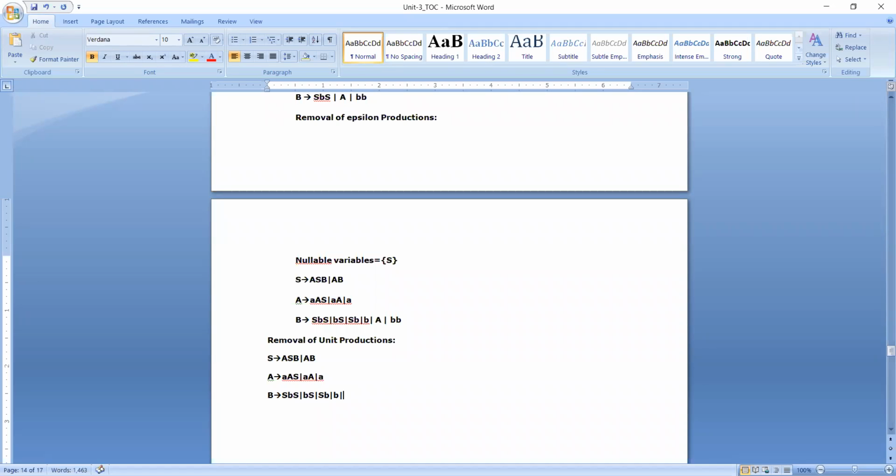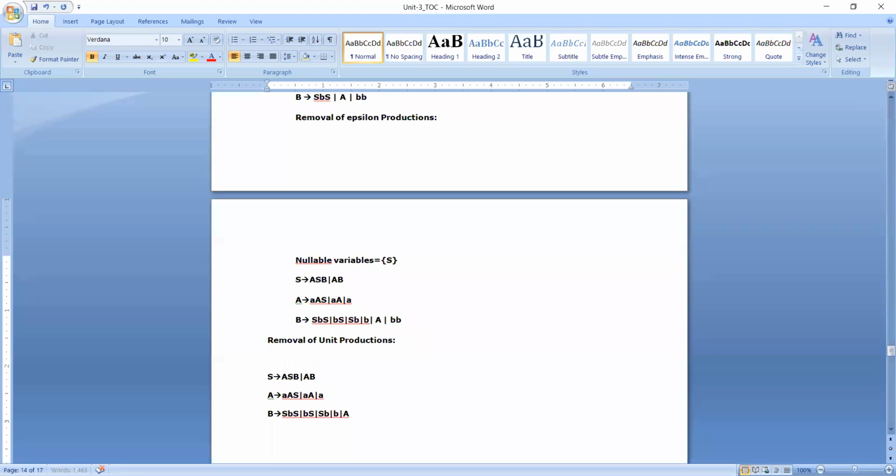B, no unit production. But here you can see we have got capital A. Once we got capital A, now we have a unit production available. So what is the unit production we have identified? B derives to capital A.